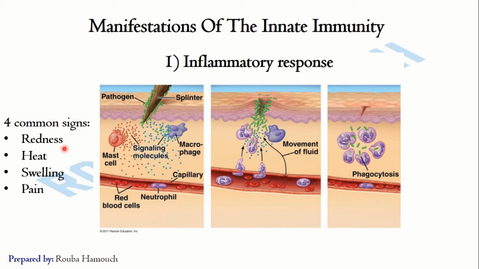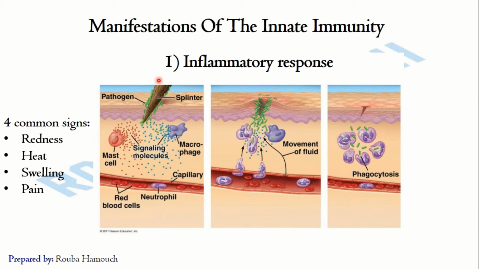In fact, a few hours after an injury or after the entry of an intruder, the wound or the tissue becomes red and swollen and feels hot and painful. These signs are common for all cases of infection.